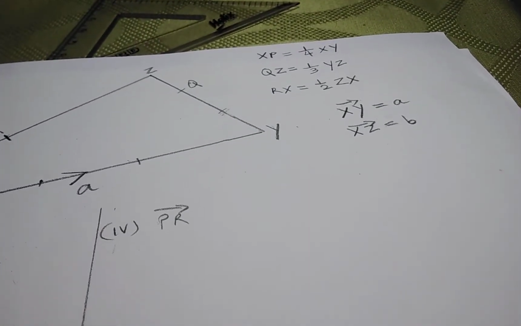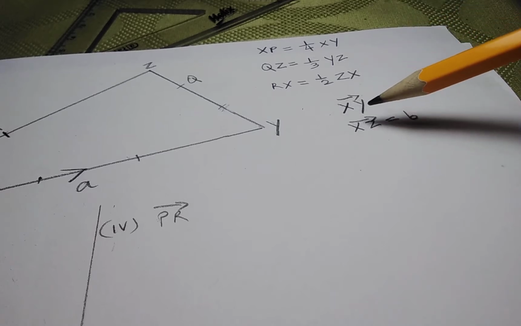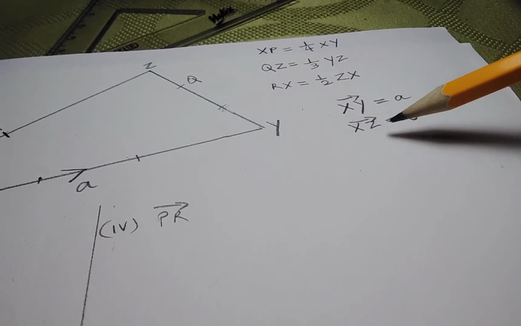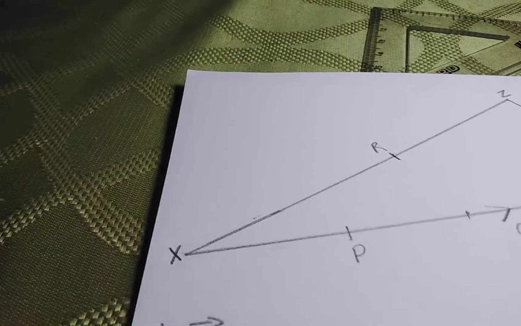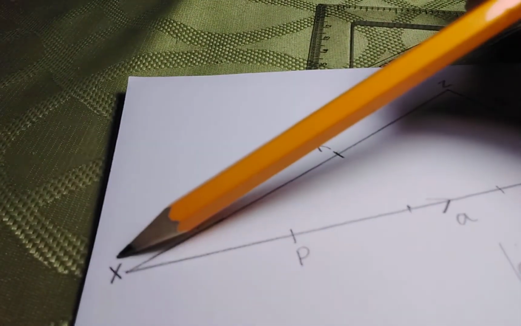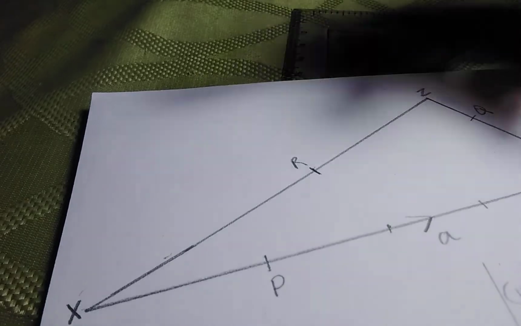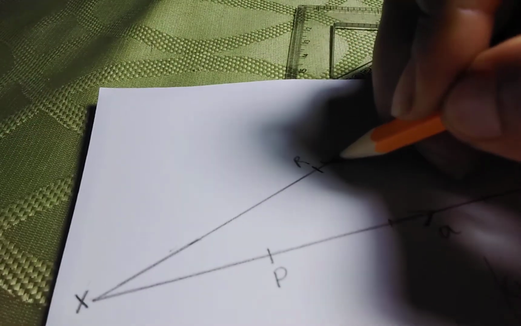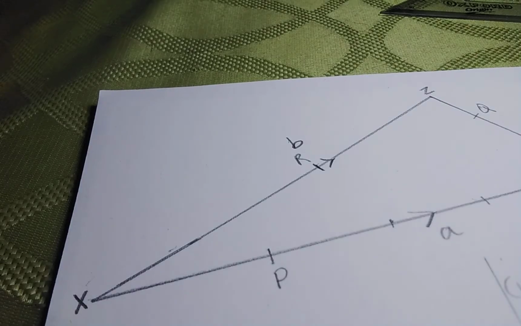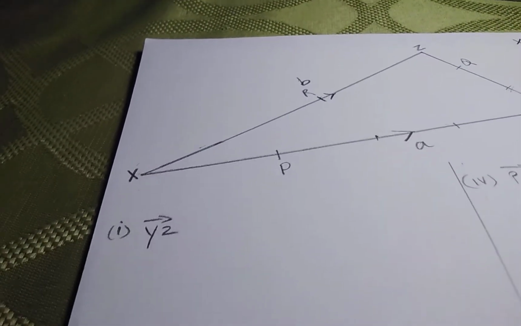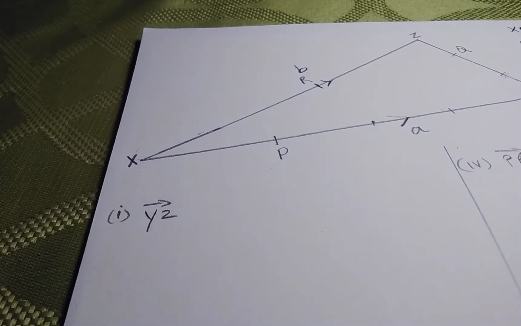The next important information is vector XZ is equal to b. So you look on the diagram for XZ, starting from X, ending at Z, going in this direction is b. That's magnitude b. Now you're asked to find YZ in terms of a and b.